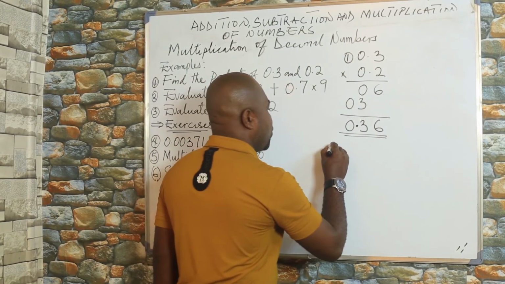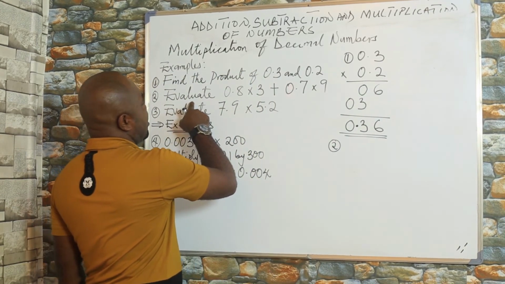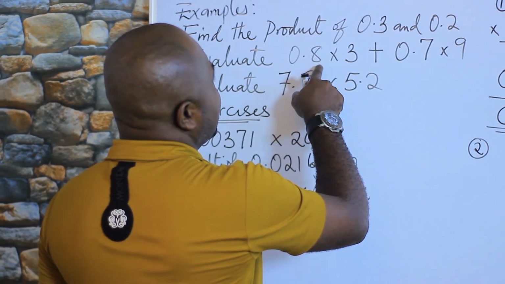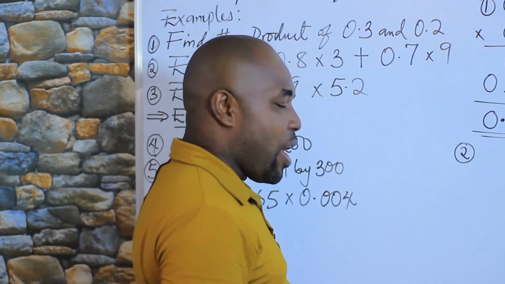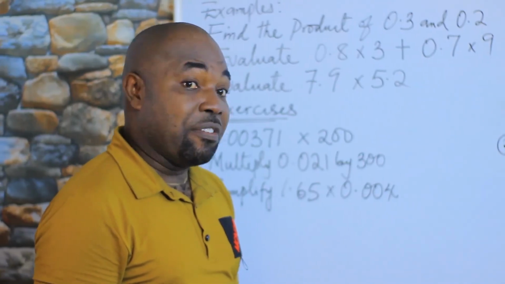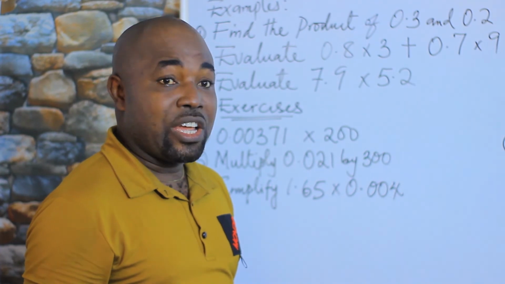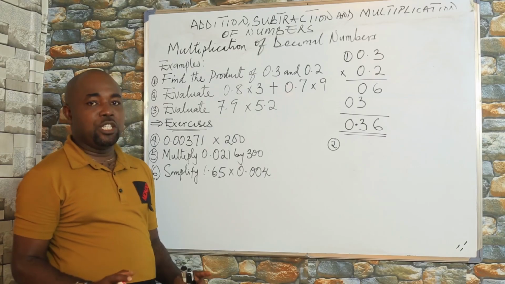Now let us take the second one. Evaluate 0.8 times 3 plus 0.7 times 9. We are going to handle this in 3 perspectives to get our final answer: 2 multiplications and 1 addition.